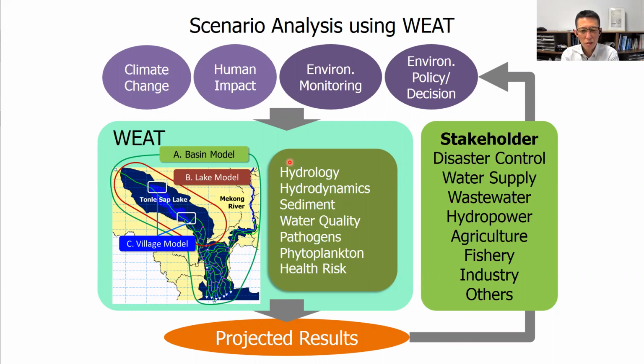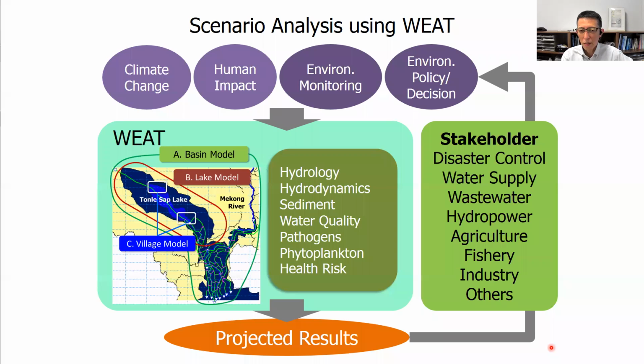But in addition to this, we can give different scenarios, let's say different boundary conditions, different initial conditions, different social conditions too, right? So by comparing those results, we can discuss and address which is the effective measure.